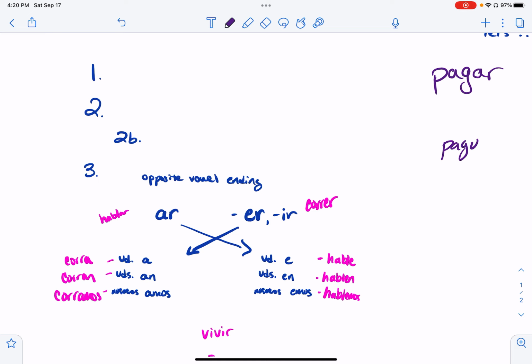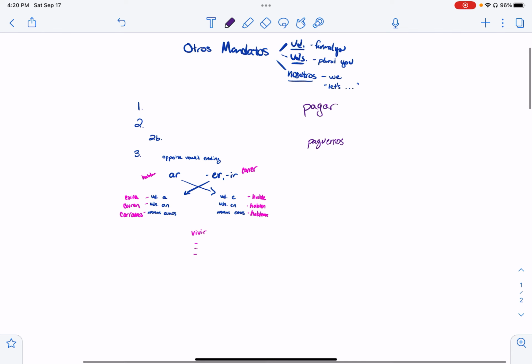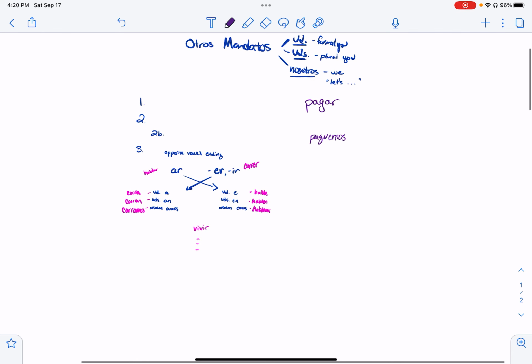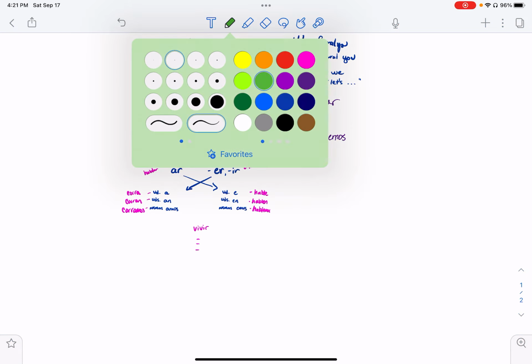And then we would end up with pague, paguen, or paguemos, depending on which command we want to do. All right, so those are the steps to form usted, ustedes, and nosotros commands. Pretty much, if you know the negative tú commands and how to go through those steps, you'll be fine with these three as well.